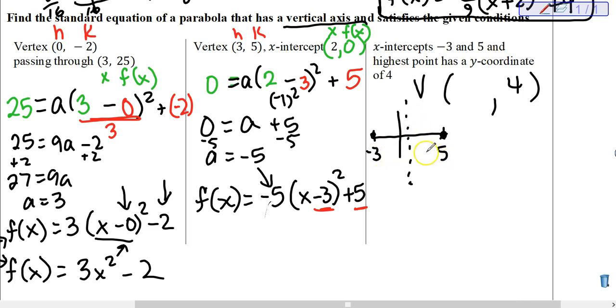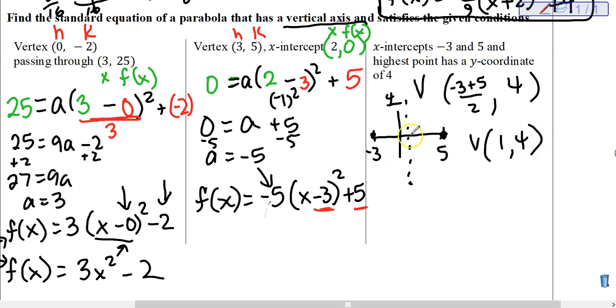So could we just find the midpoint between these two x's? Because we already know it's going to be somewhere up here at 4, right? Because it says the y coordinate's 4. So I think we could just take -3 plus 5 and cut it in half and find the midpoint between our x's. Yeah? So I think 1, 4.